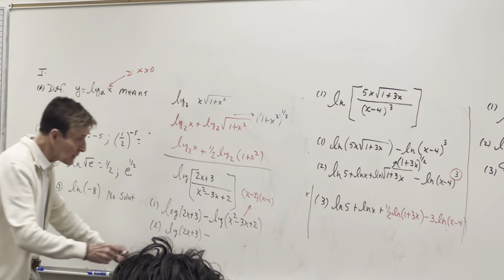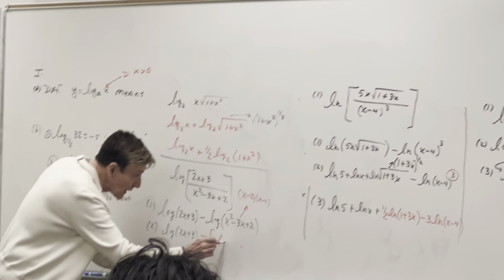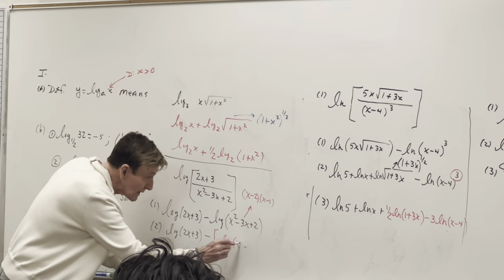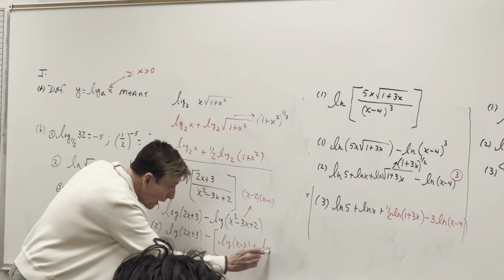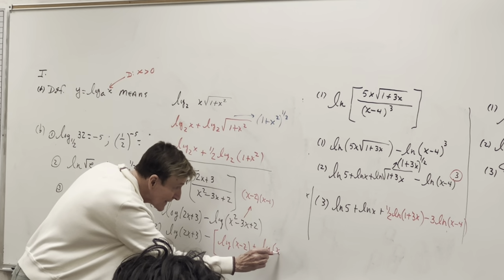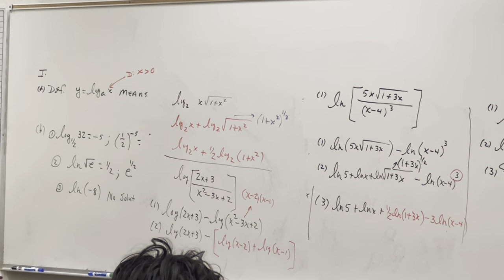So let's apply the product property. Be careful, guys. When you apply the product property, this now becomes log, I'm just going to be base 10, x subtract 2 plus log x subtract 1. Let me close that up. It looks like that. Is that true?